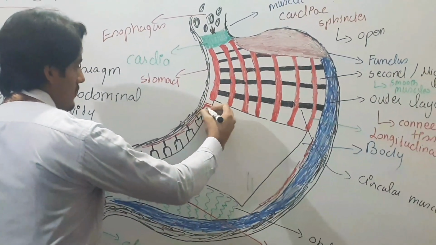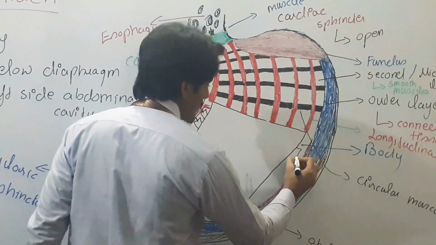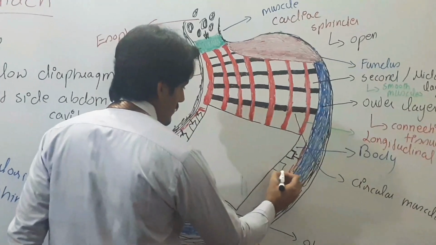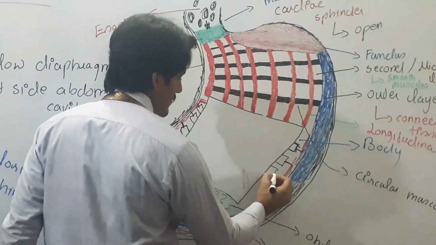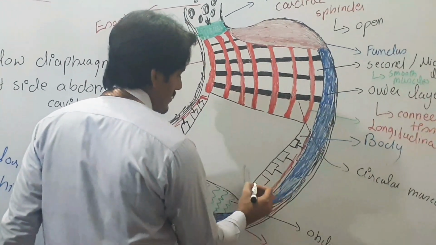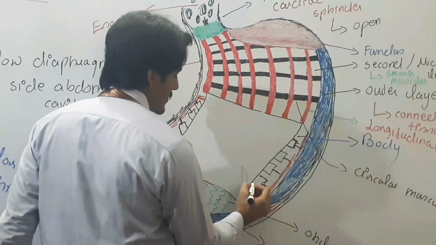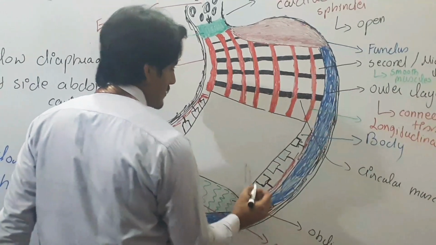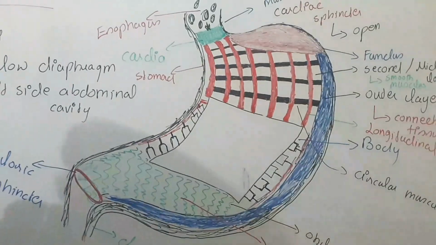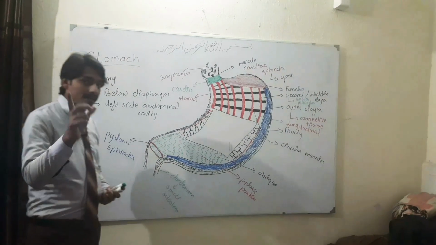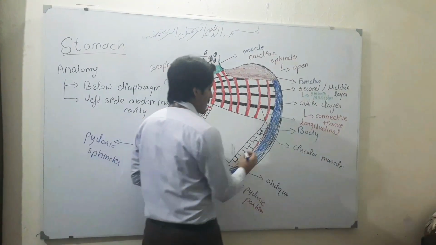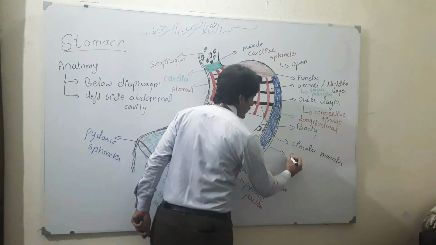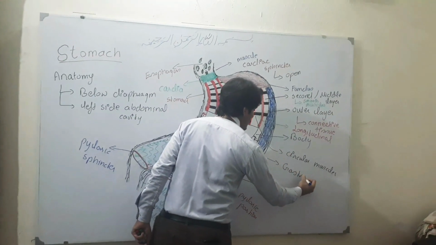If I talk about what these glands are, these are glands which basically secrete juice. You know that wherever the word gland comes, it means it secretes juice. So this is the inner layer of the stomach wall with many glands.